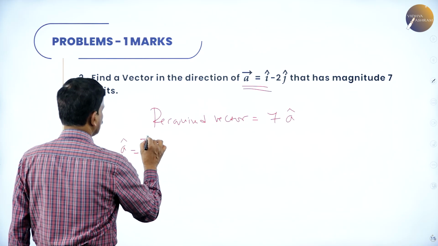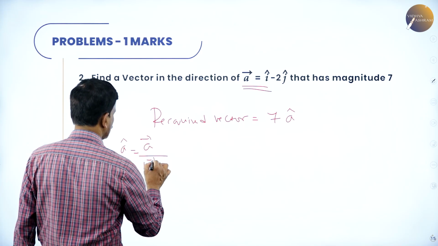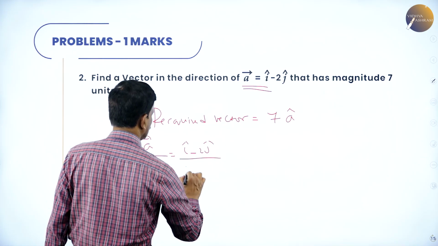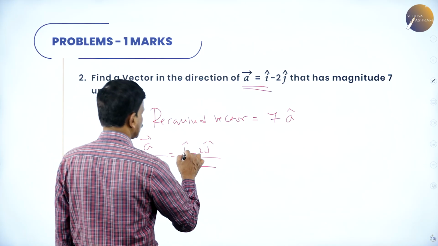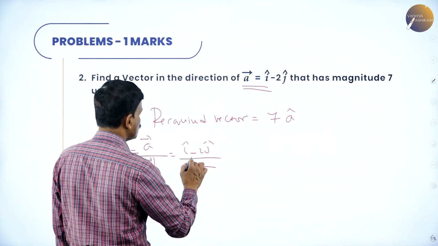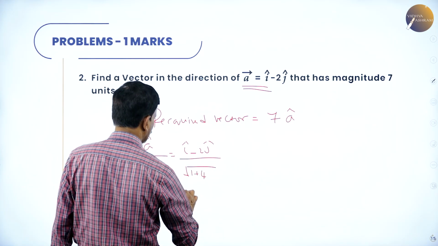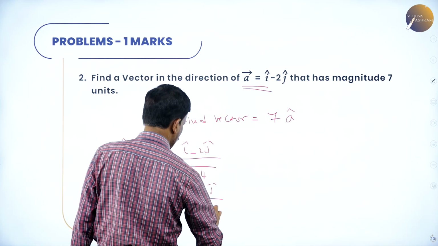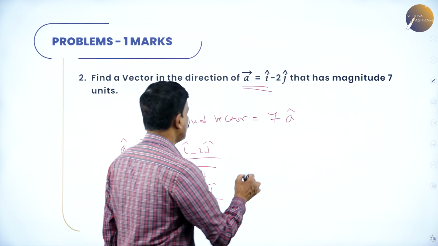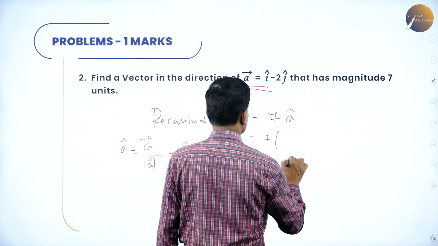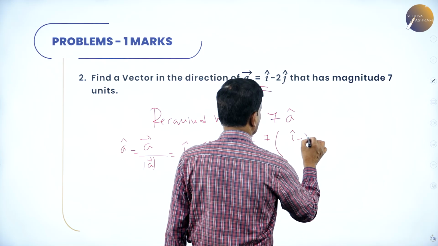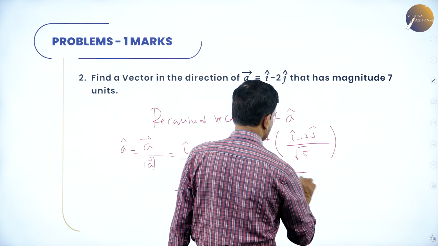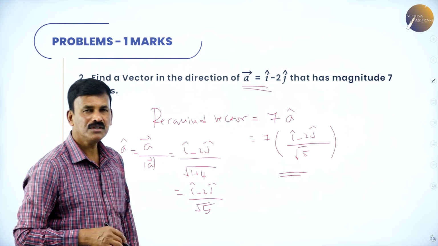Vector a cap is equal to vector a divided by its own length, that is vector a is i minus 2j divided by its magnitude. So, square the magnitude of this: 1 square is 1 plus 2 square is 4, (i minus 2j) divided by root 5. Simplify. So, the required vector is equal to 7 times (i minus 2j) divided by root 5. So, that's it. This is the required vector.